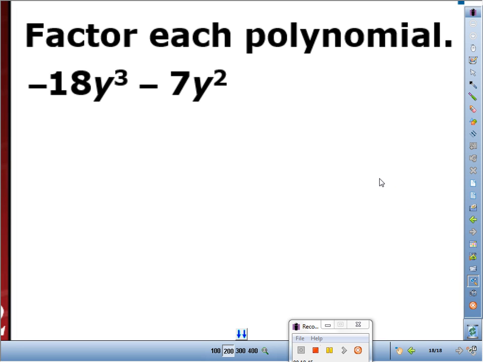Negative 18y cubed and negative 7y squared. Okay, who's got the GCF? Oliver.